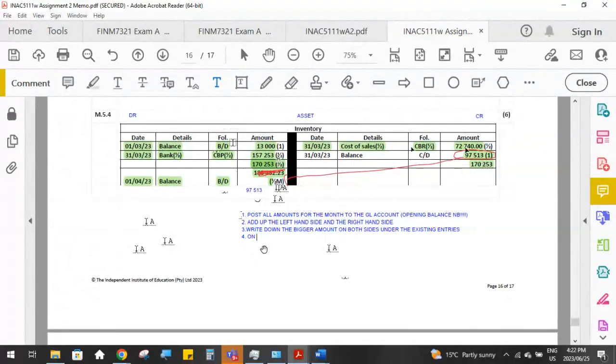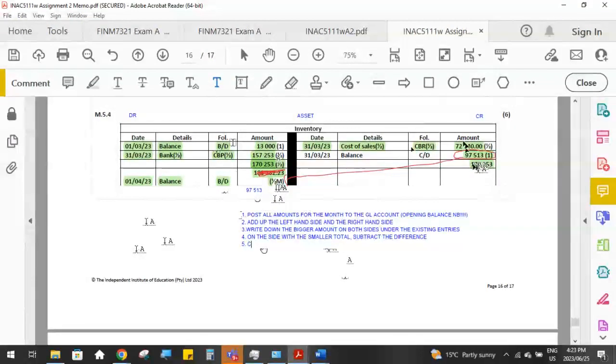And then number 4, on the side that had the smaller total, subtract the difference. So you understand what I mean by subtract the difference. What's the difference between the entries that were already there and the total that we brought from the larger side?